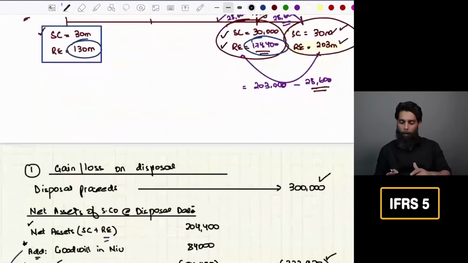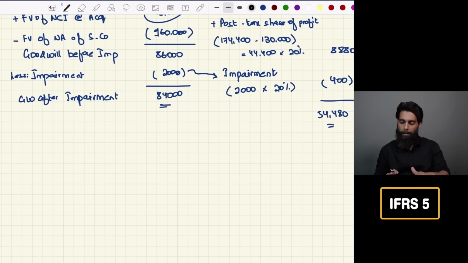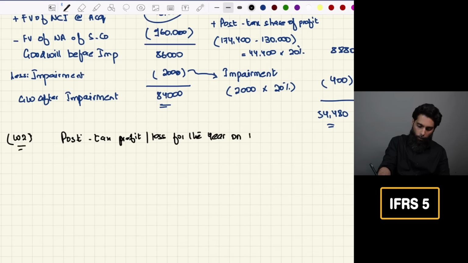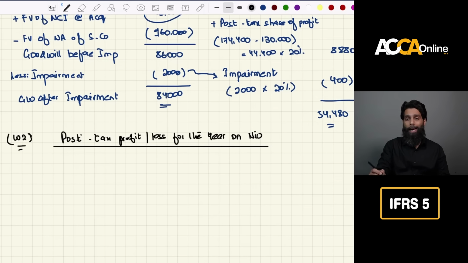So I'll be preparing one more working before I move on to consolidation, and that is working number 2, for the post-tax profit or loss for the year on New.